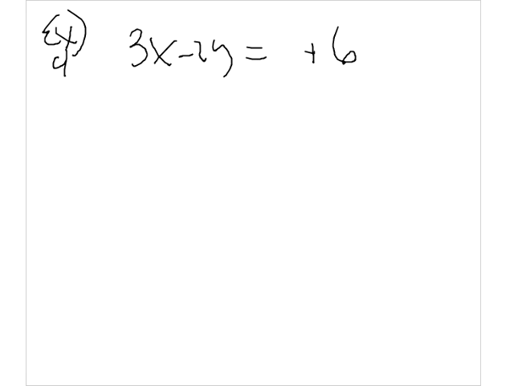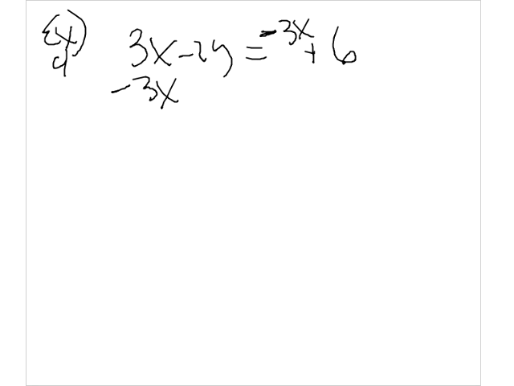What they want us to do is, because it's harder to get some xy pairs for this equation, what we normally do is, if y isn't given to us by itself, we get y by itself. So to get y by itself, we would add a minus 3x to both sides.